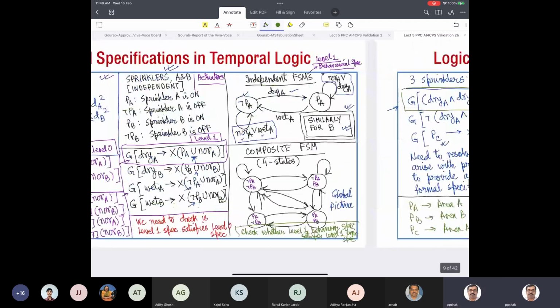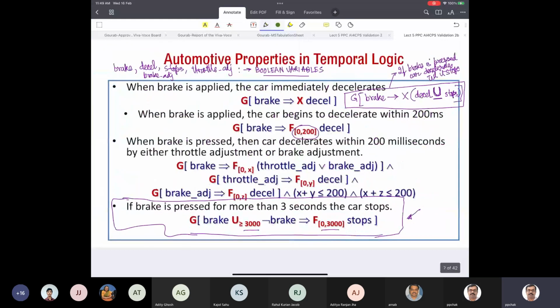Let me come back and show that. This one. If the brake is pressed, it will act by throttle adjustment or brake adjustment. That was an airbag problem; here is the braking problem. There you have to add all the timing constraints.